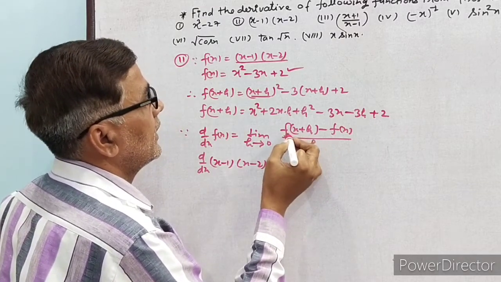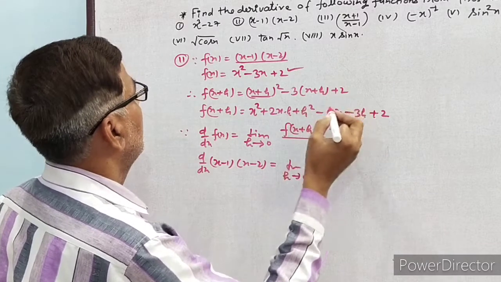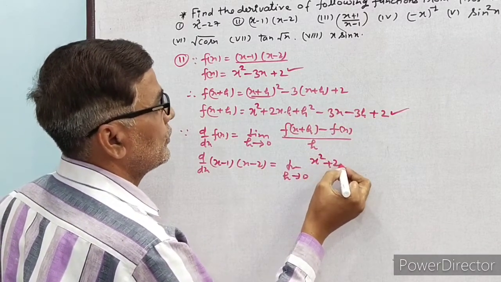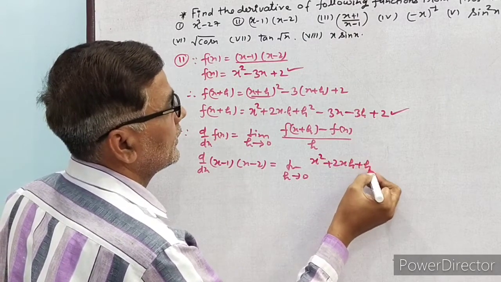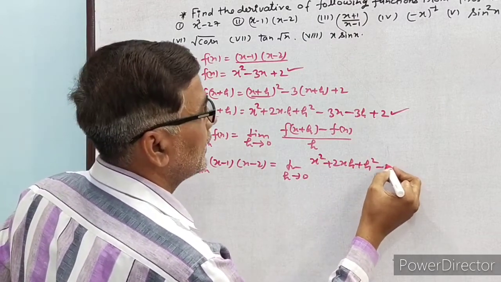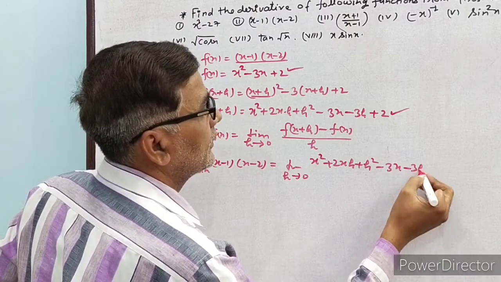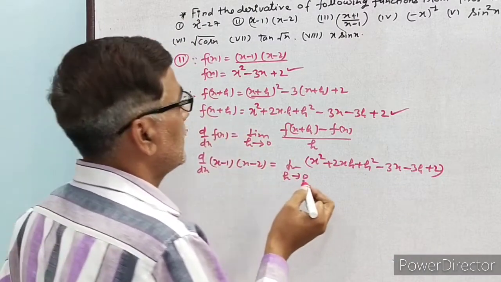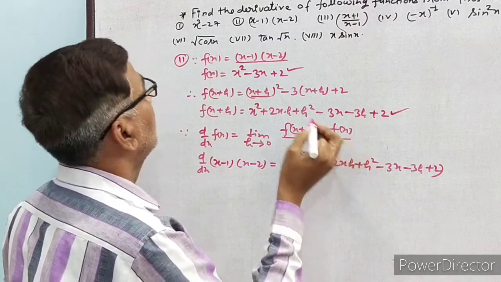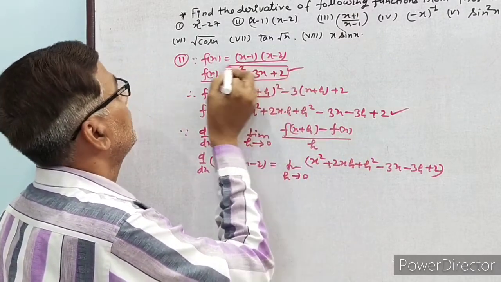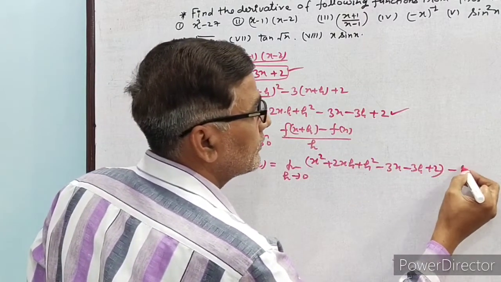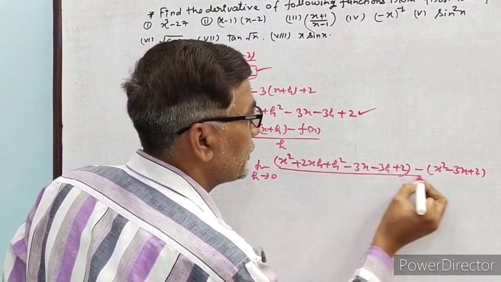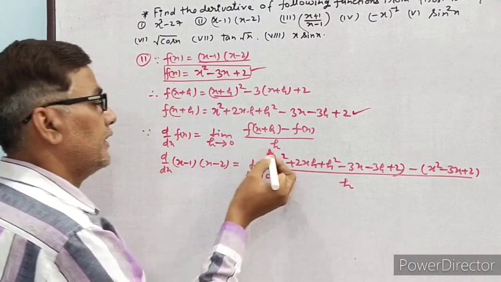The f of (x plus h) is this expanded form, that is x square plus 2x h plus h square minus 3x minus 3h plus 2. This is the value of f of (x plus h), and now the value of f(x) is this expanded form, x square minus 3x plus 2, and the whole expression is divided by h.